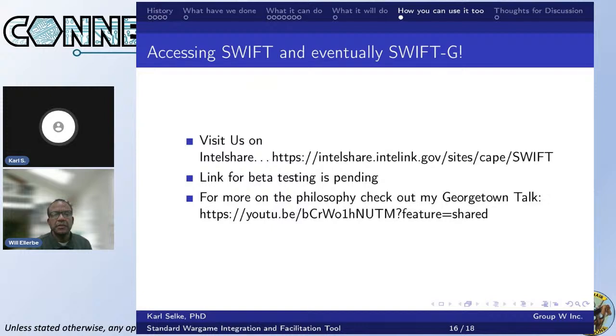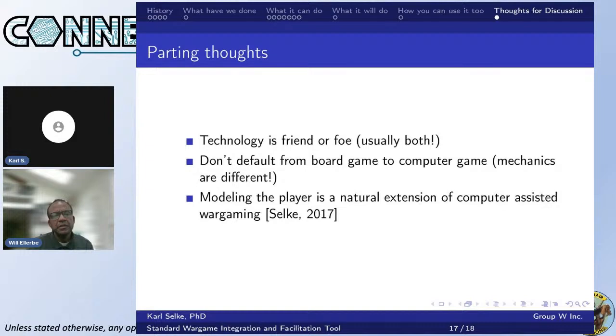When it comes to distributed wargaming in general, I think this has been seen through numerous presentations that I've witnessed to date. Technology is friend or foe. Distributed games are not my preference, at least not distributed from an around-the-world perspective, because it becomes very difficult with time zones.